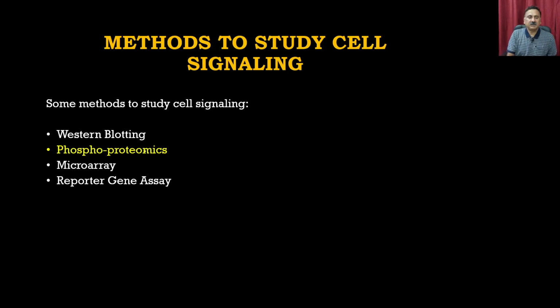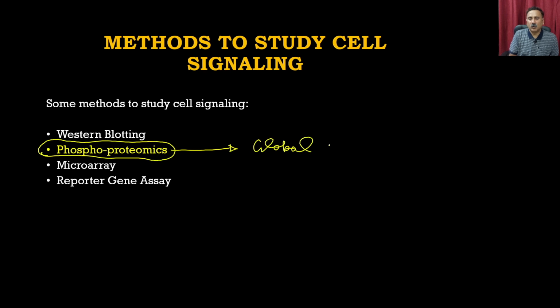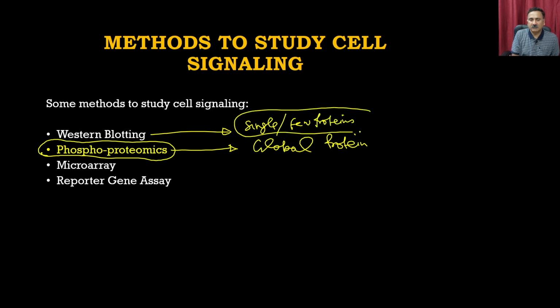Then the second method is phosphoproteomics. You are going to do phosphoproteomics when you would like to see the response of the global proteins present in a particular cell. Remember that Western blotting is done for a single protein or a few proteins, only when you know which protein is getting affected. But if I want to know, for example, if I add ABA to the cell, what are the proteins?